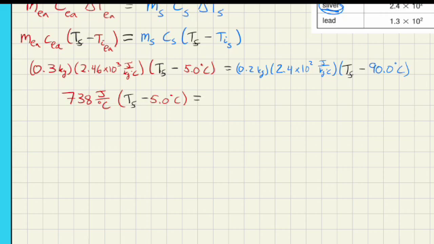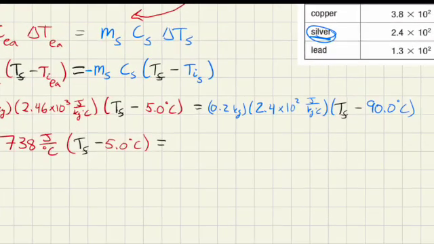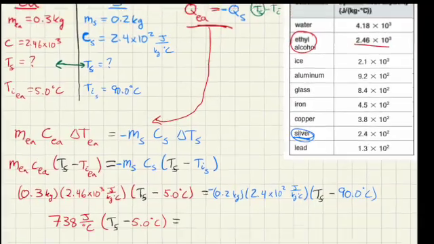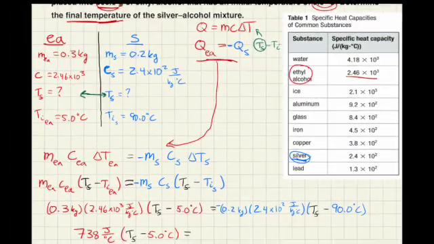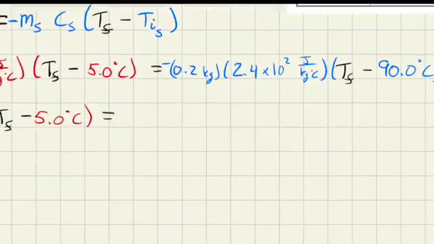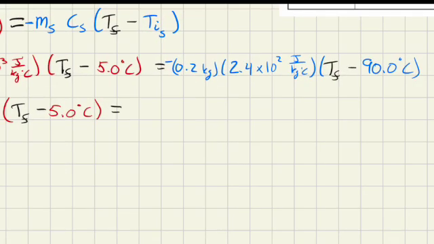That's going to be equal to, this also has a negative sign. I forgot to add that. Guys, there is a negative sign in front of all of these, if we follow the equation we had before. So we have negative 0.2 multiplied by 2.4 times 10 to the power of 2.